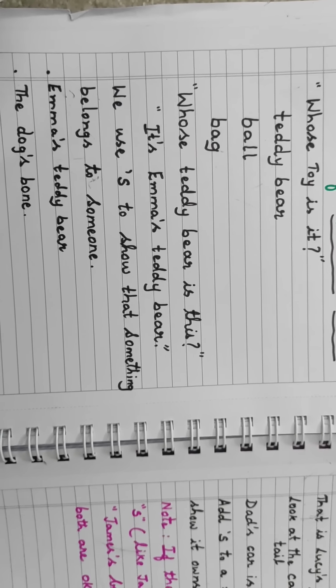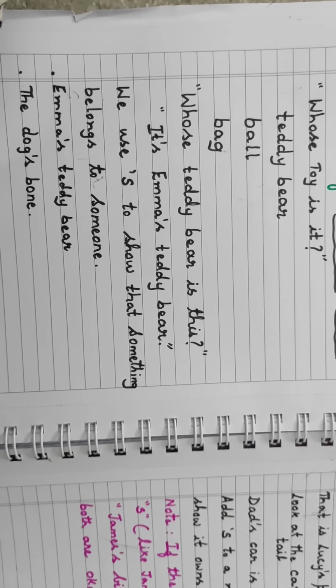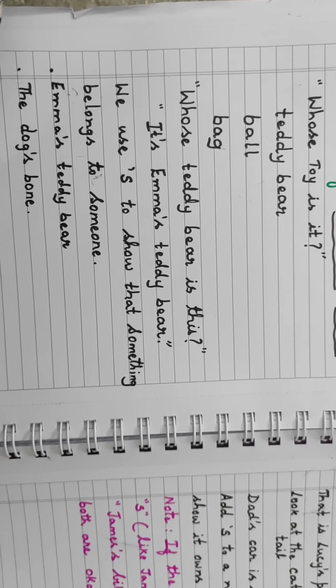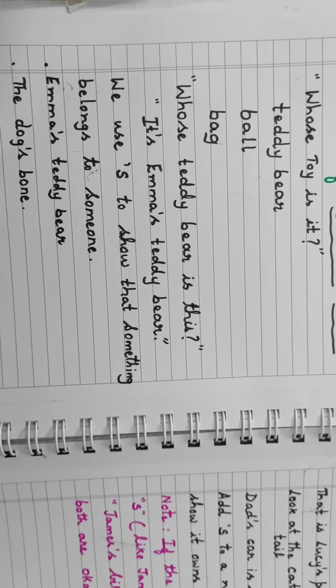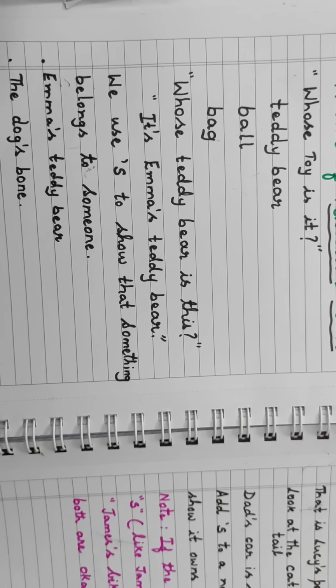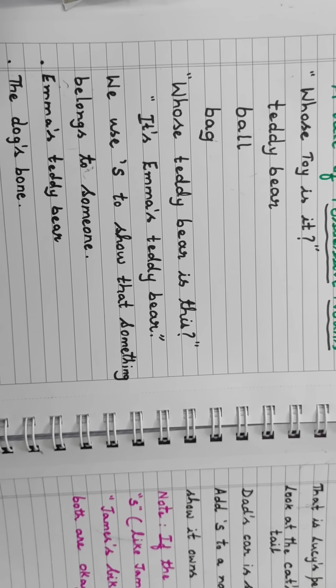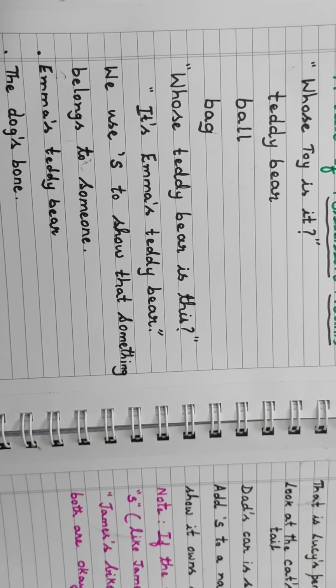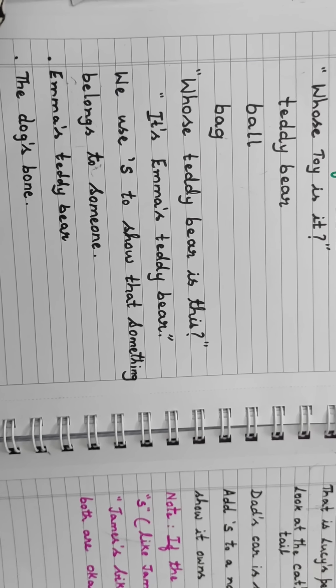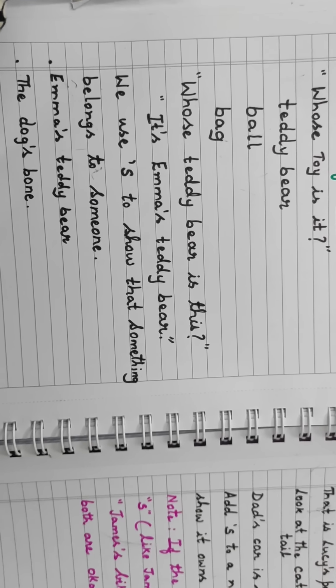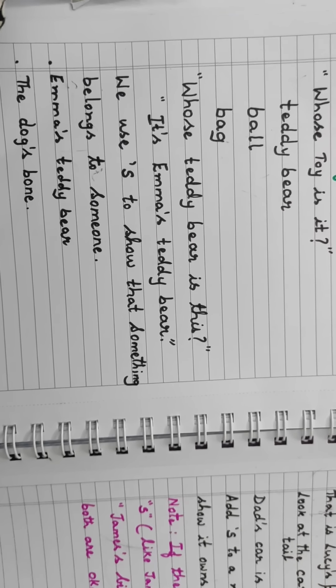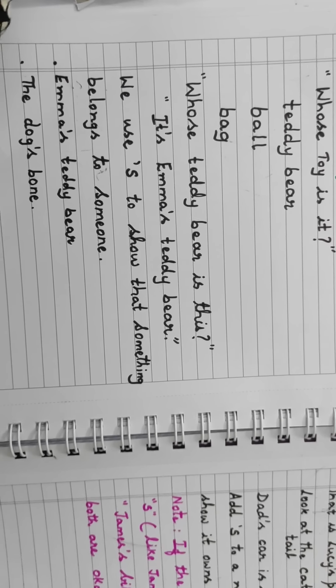The dog's bone. Again, D-O-G apostrophe S. Apostrophe S always indicates to which person it belongs to. So, the bone belongs to the dog. How do you differentiate? The dog's bone.